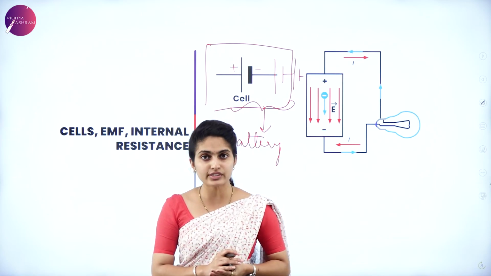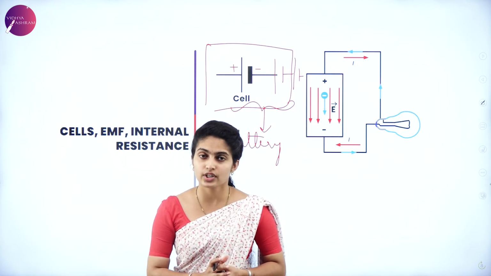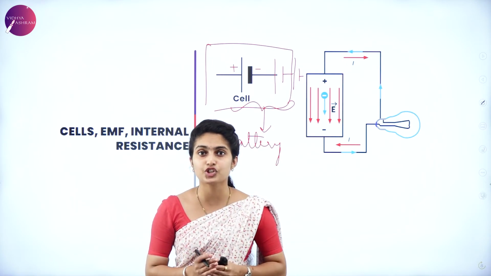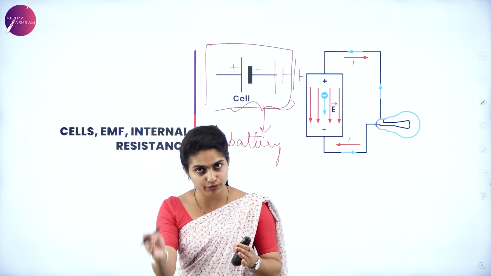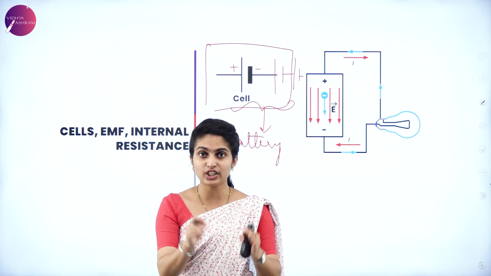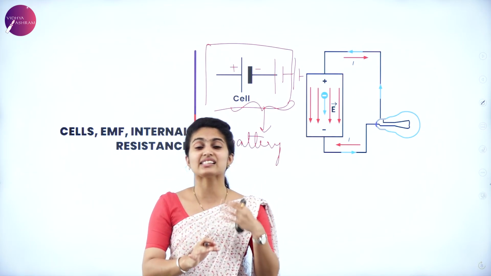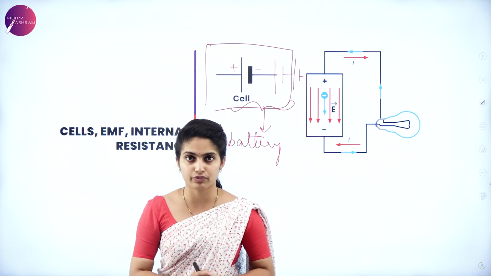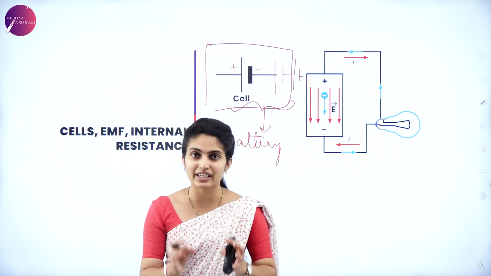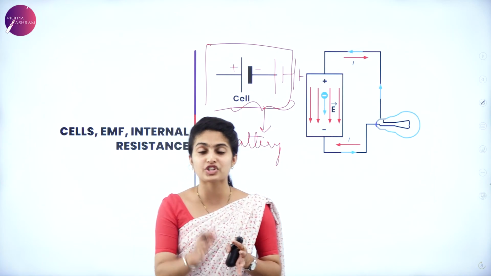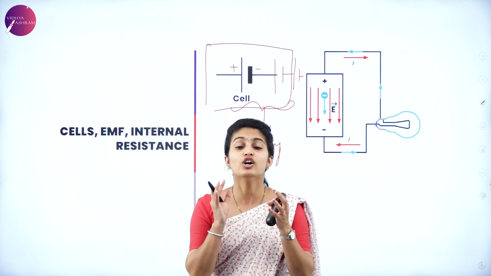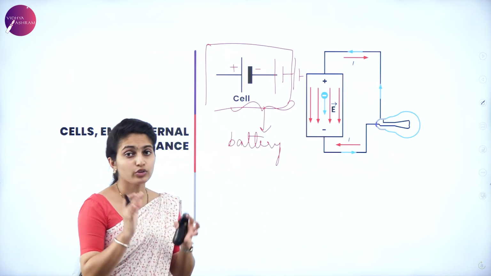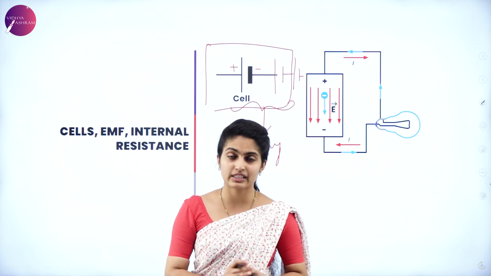But when the circuit is off, how do we calculate it? Is there a presence of potential? Yes, there is certain energy called electromotive force which is present within the battery. That is, the cell is supplying it when the circuit is off. So when the circuit is off, there is an electromotive force which can be calculated with the help of a potentiometer. That is all about the EMF, which is known as electromotive force.